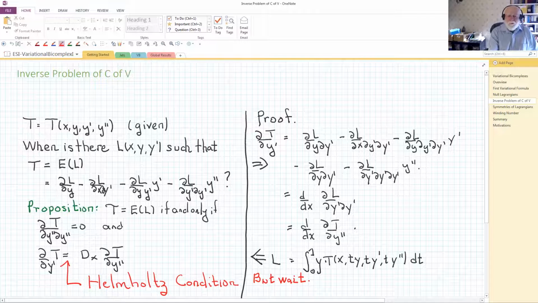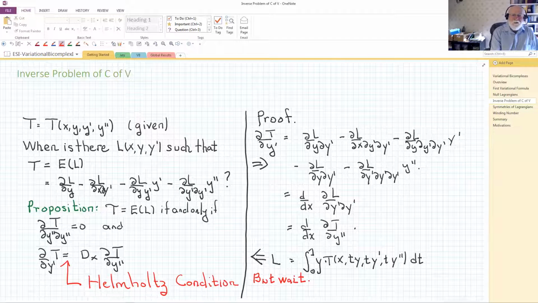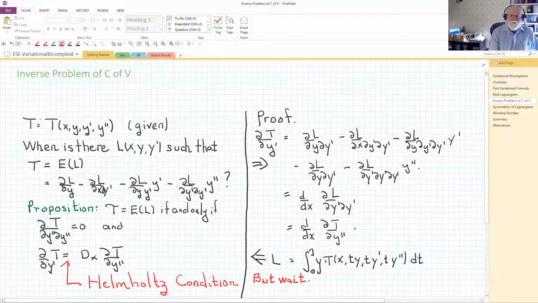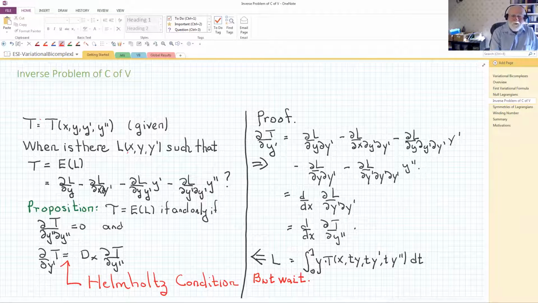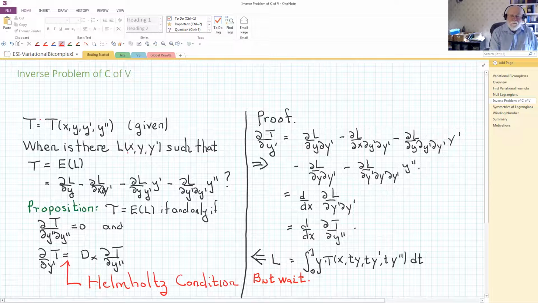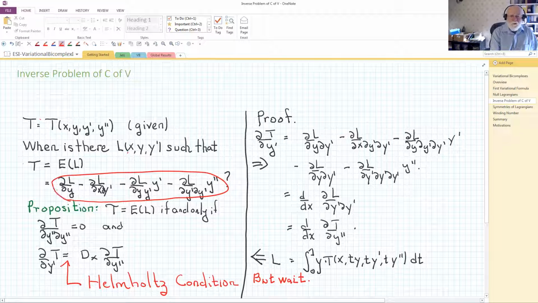Helmholtz asked: when is there a Lagrangian such that this expression T is the Euler-Lagrange expression for this L? So we want to know, given T, when is there an L such that we have this equality?